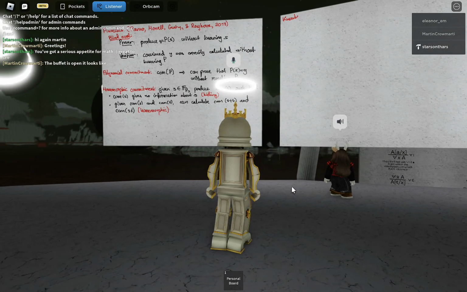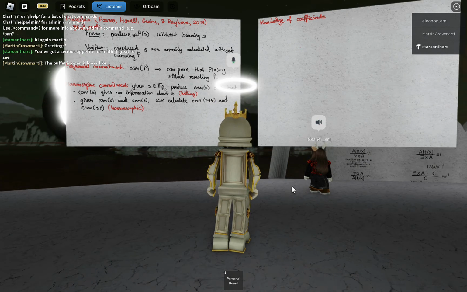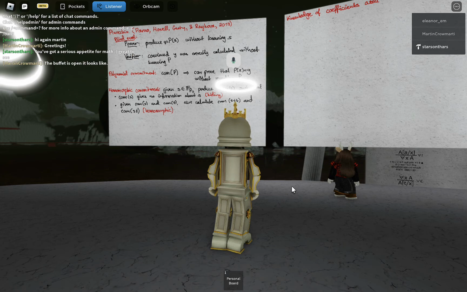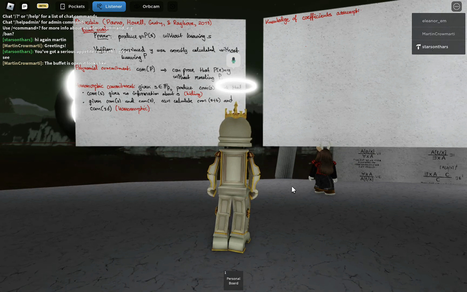Knowledge of coefficients assumption. To the extent I understood it, the homomorphic, I don't know if that's the same as homomorphic encryption. It looks like it's the same idea, but it's a commitment instead of encryption. Is non-trivial. Is the polynomial commitment story strictly more highly complicated? Non-trivial as well. Yeah. Okay. Yep.